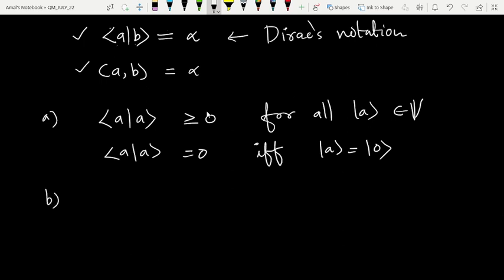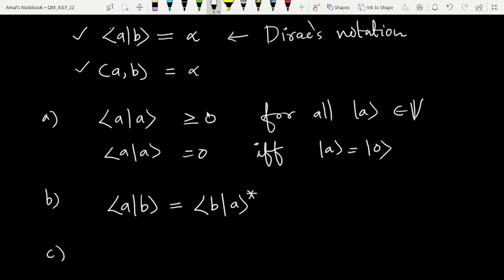And the second property is that the inner product of A with B is equal to the complex conjugate of the inner product of B with A. So the order matters. The inner product of A with B is not equal to the inner product of B with A, but it is the complex conjugate of the other.